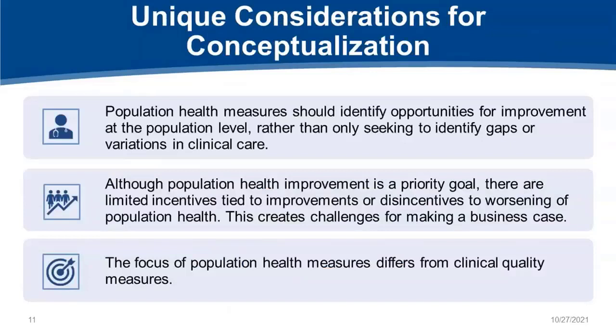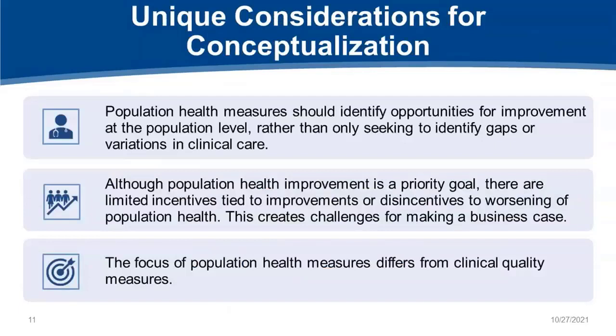So as you think through potential measure concepts to assess population health, you'll need to keep all of this in mind. And as I've said a few times already, population health measures should identify opportunities for improvement at the population level. So these measures shouldn't just be focused on identifying gaps or variations in the delivery of clinical care.